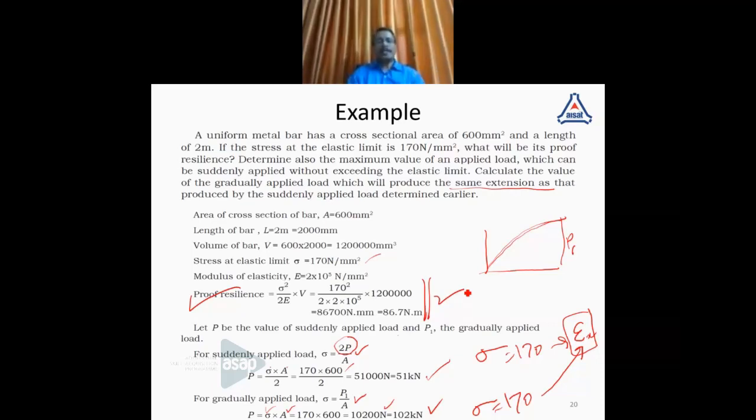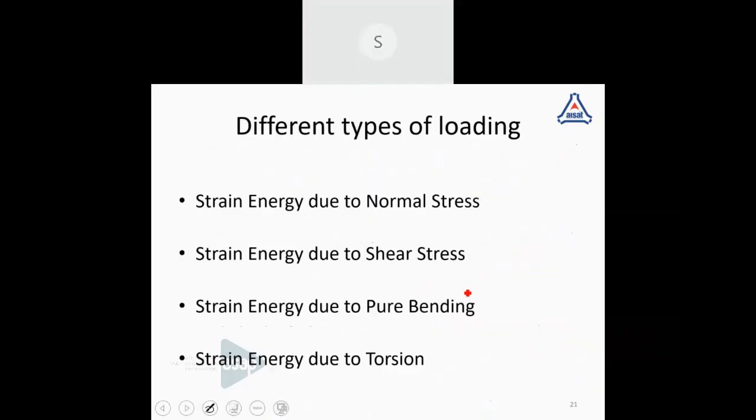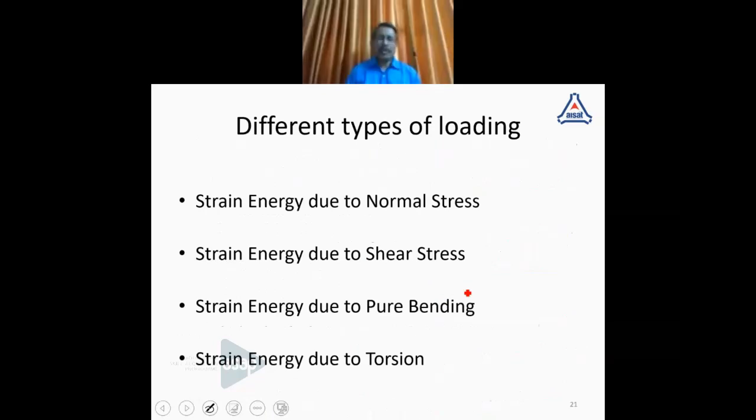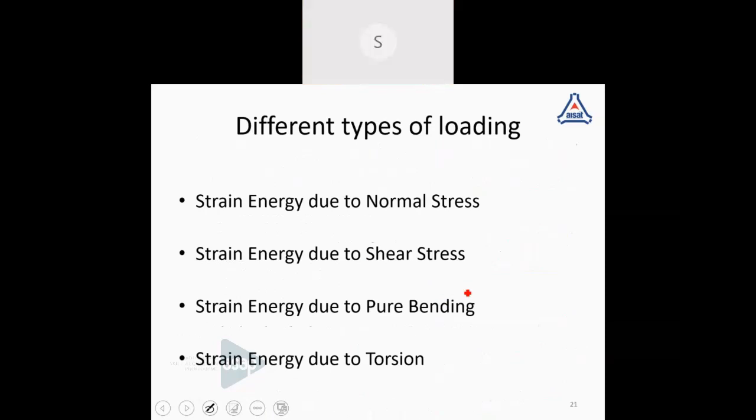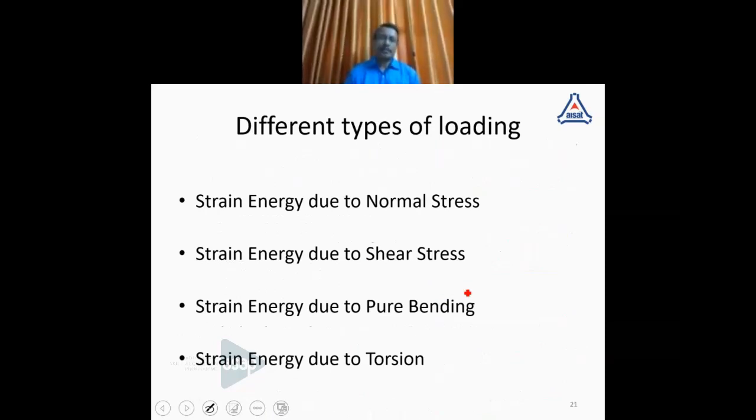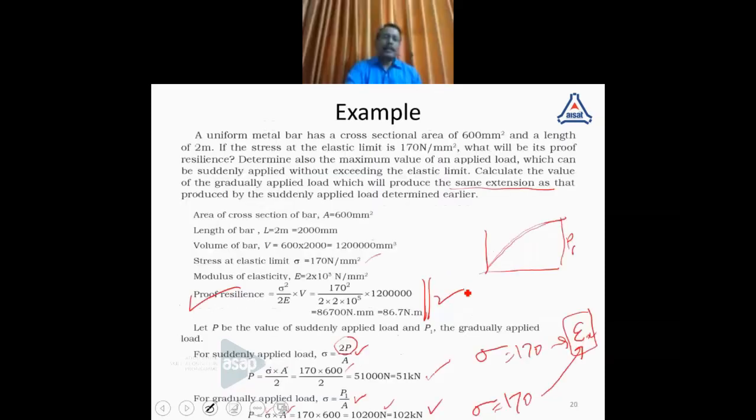How the strain energy can be evaluated, starting from strain energy density and the particular type of loading method which we are using. What is proof resilience? Proof resilience means resilience at the maximum value of that load which is applied. Resilience means strain energy density corresponding to this sigma.